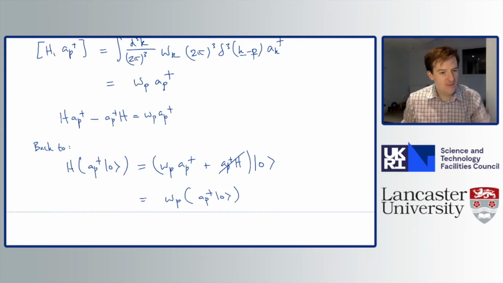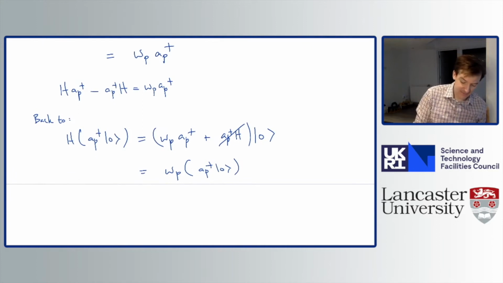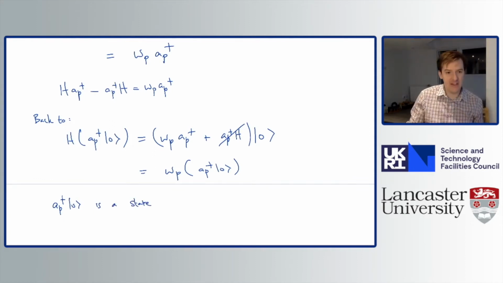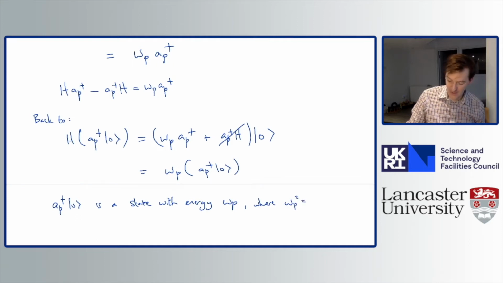Okay, very straightforward in the end, but let's think about the interpretation. What this is telling us is that the state A_P dagger acting on 0, this is a state, and this Hamiltonian tells us about the energy of the state. The energy eigenvalue is omega P. This is a state with an energy omega P. And just to remind you, the definition of omega P is, well, the square of it is P squared plus M squared.